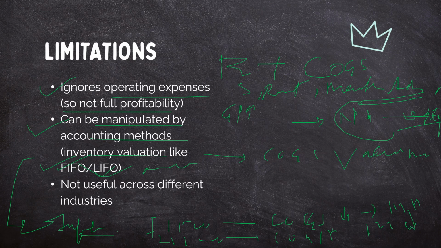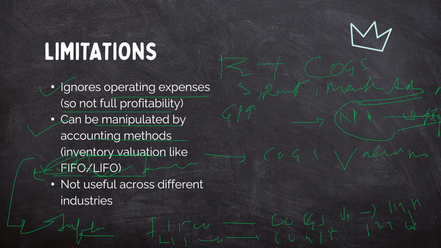Why does this matter a lot? Because two companies with the same operations can show different GP margins just because of accounting choices, one using FIFO and the other LIFO. That would mean a huge impact on your GP margin. So that is another limitation of the concept.